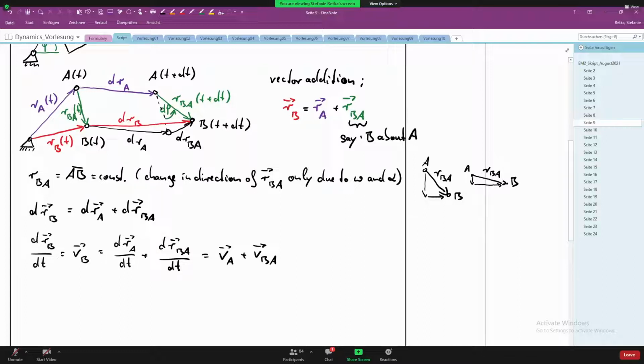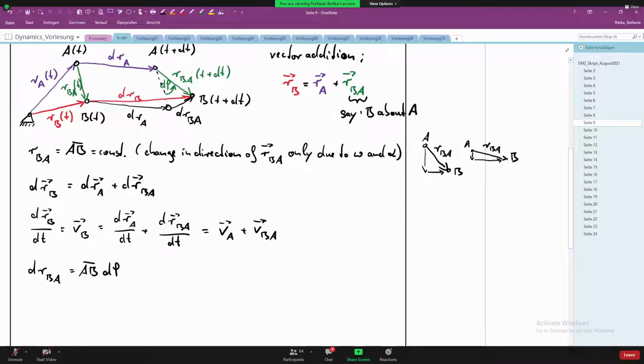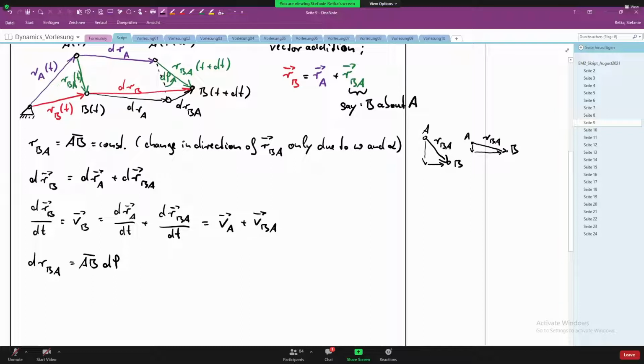Okay, and since it's a change in distance along a circular path, we can apply the equation for the arc length. drBA is equal to the radius, the distance between these two points, times the change in angle. So to compute the velocity of B about A, it's the velocity due to rotation.